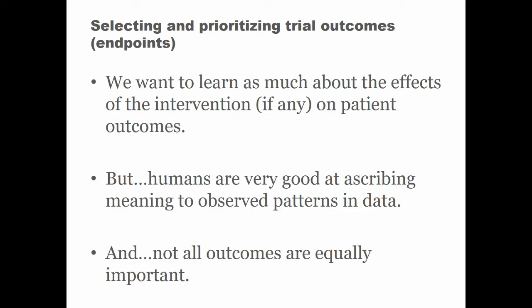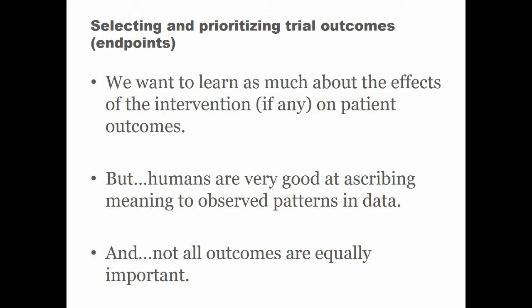And what we have is a balancing act, just like we had with the patients, where we're trying to balance internal versus external validity while controlling costs and everything else. Here we have the situation where we want to learn as much about the effects of the intervention on patient outcomes, because a clinical trial is a very involved process. And we want to learn as much as we can from the trial if we're going to go through the trouble of doing one.